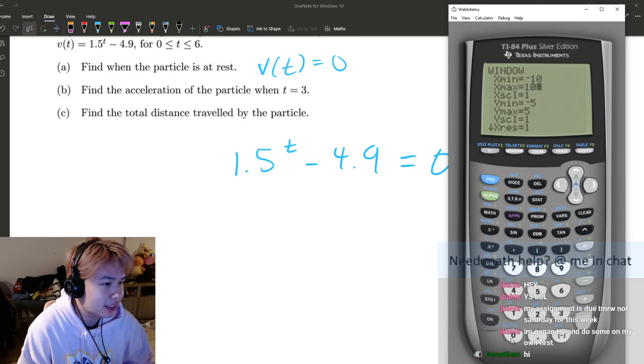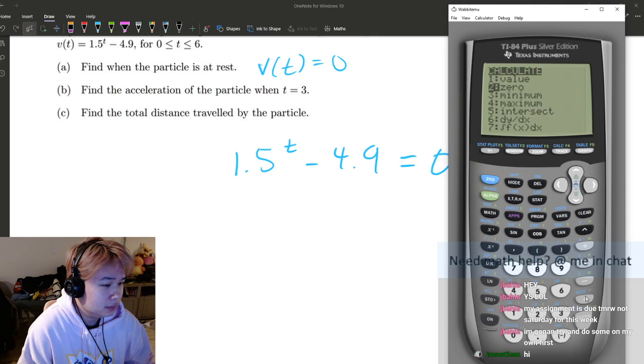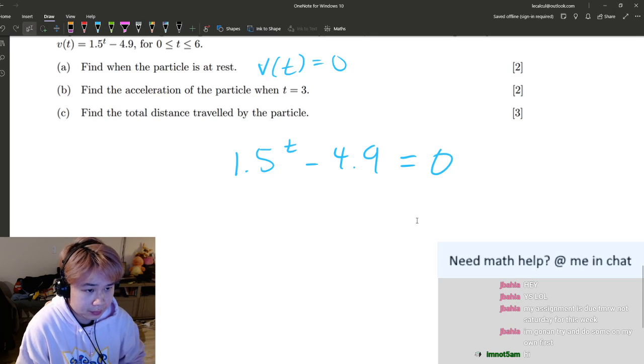So let me just fix it. So this is where it's going to be at rest, and we can just calculate that. So here we are, 3.92.